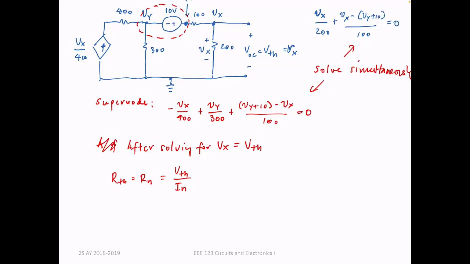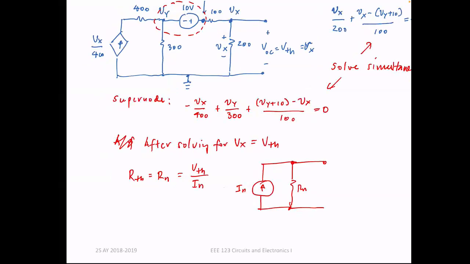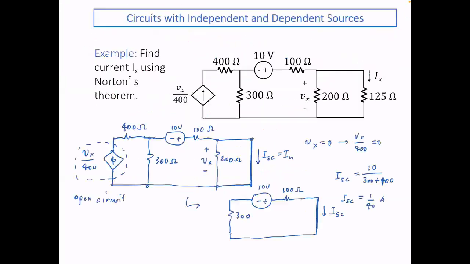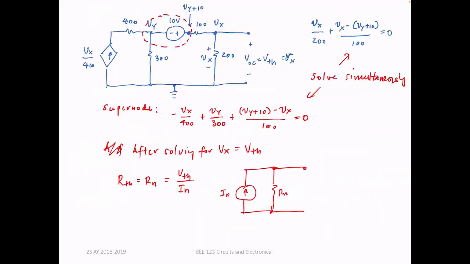My Norton equivalent, I will have I of n and then R of n. And then all I have to do is now reconnect the load. Okay. So dito ikakabit ko uli yung 125.